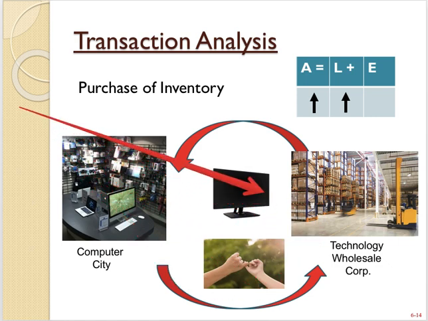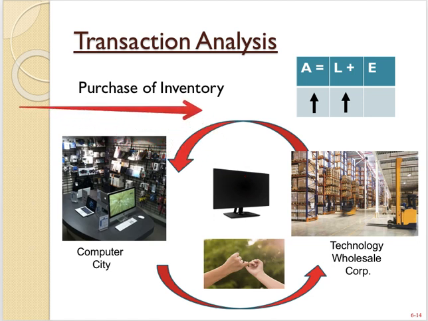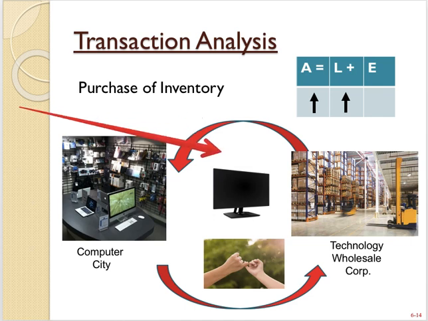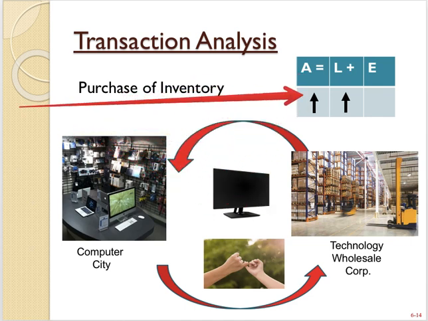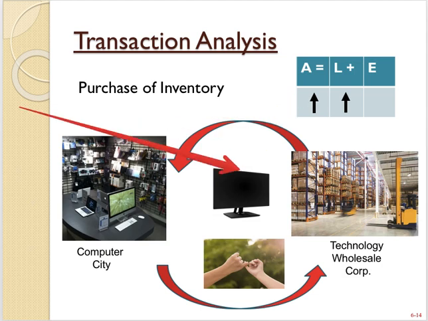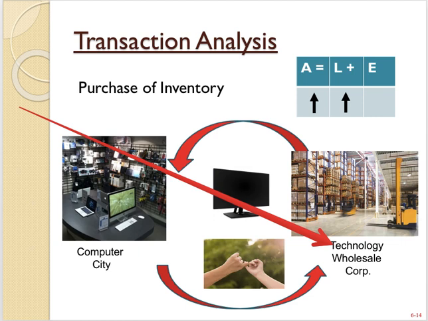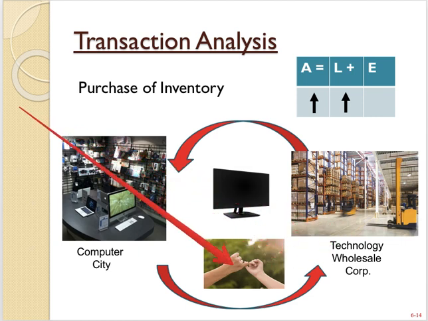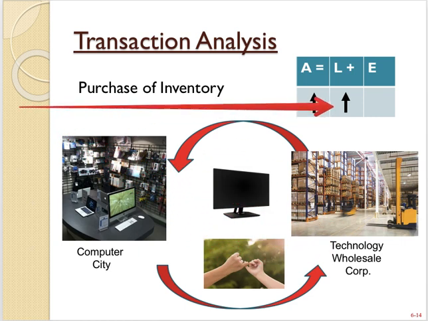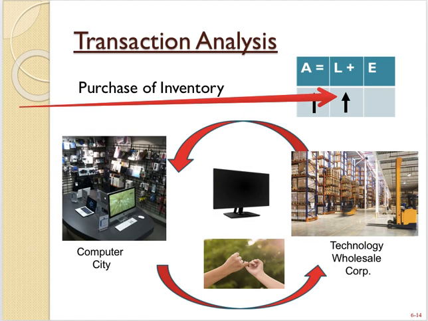So we're gaining inventory, and inventory is an asset, so our asset is increasing. In exchange, we're giving a promise to pay, and a promise to pay means that we're in debt. Now we owe something to Technology, so our liability is increasing.